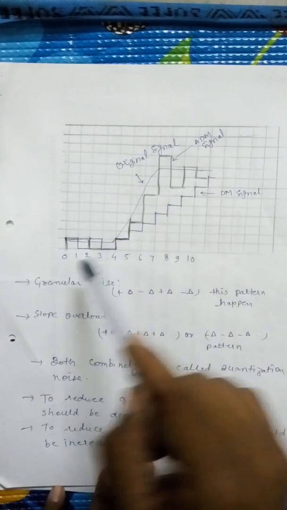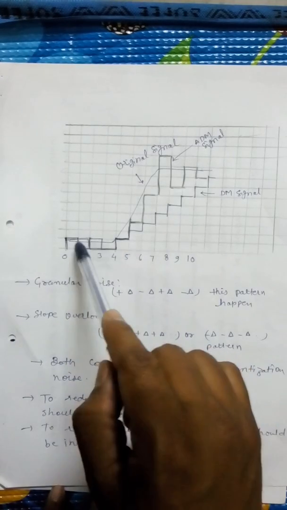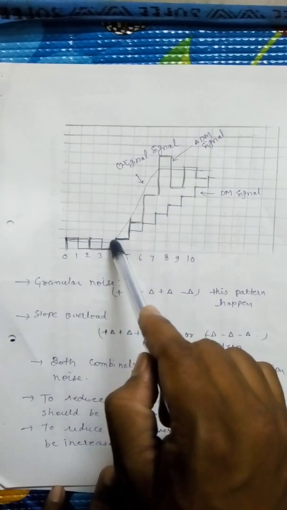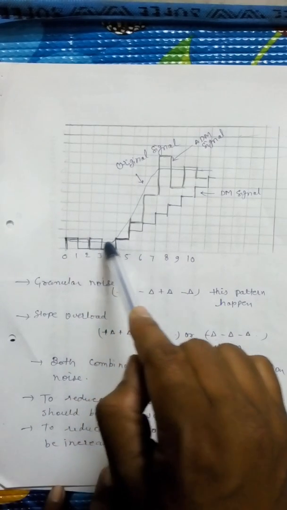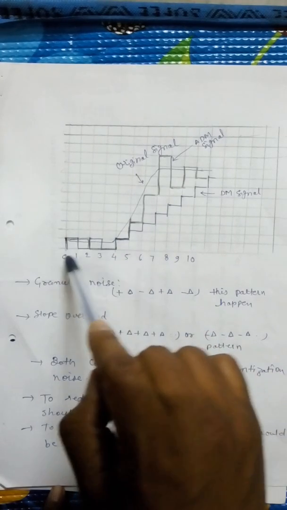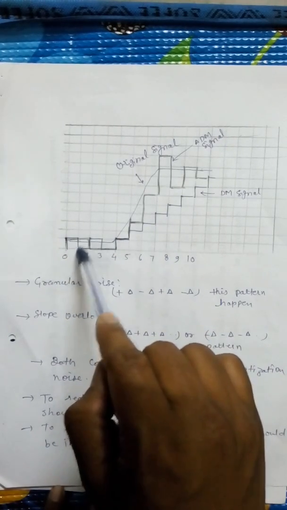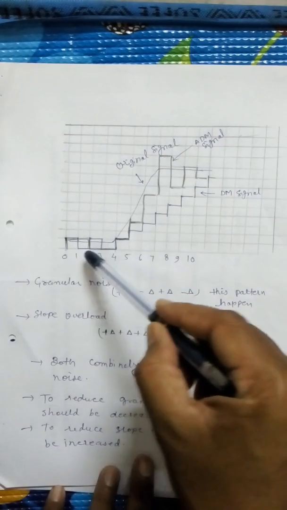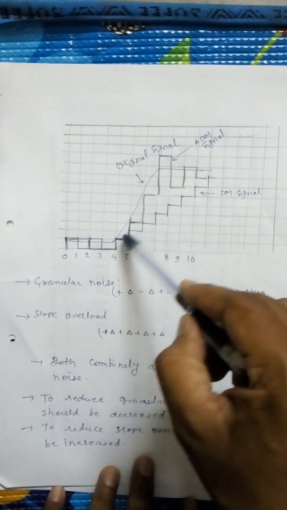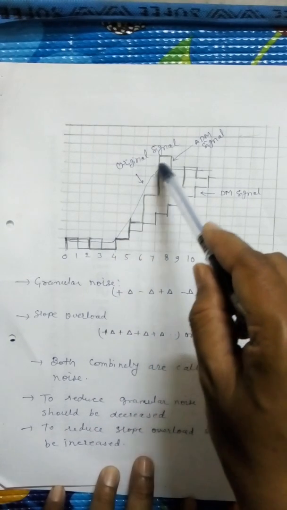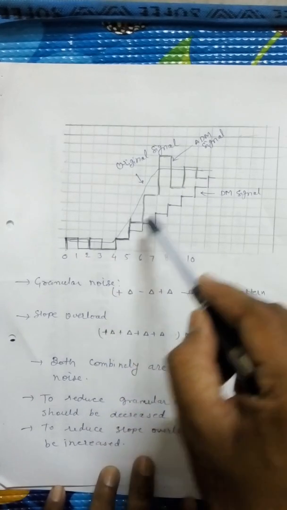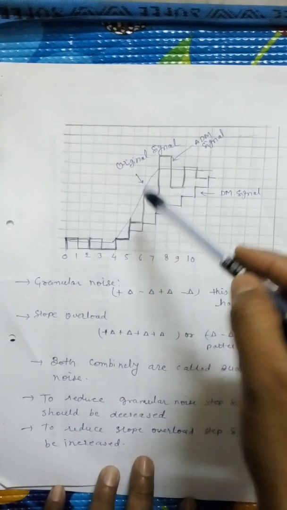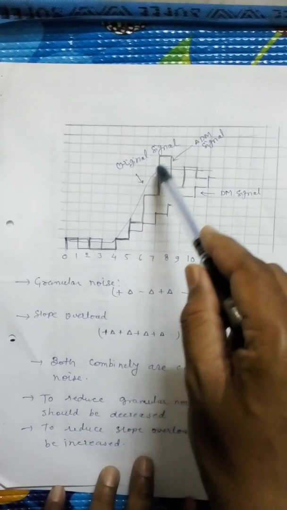Here, when the signal is slow varying, that is the signal is flat, we can observe that from time instant 0 to 4 the signal is flat, that is very slow varying. So here the step size is minimum, and when the signal is fast varying, then the step size changes according to the slope of the original signal.